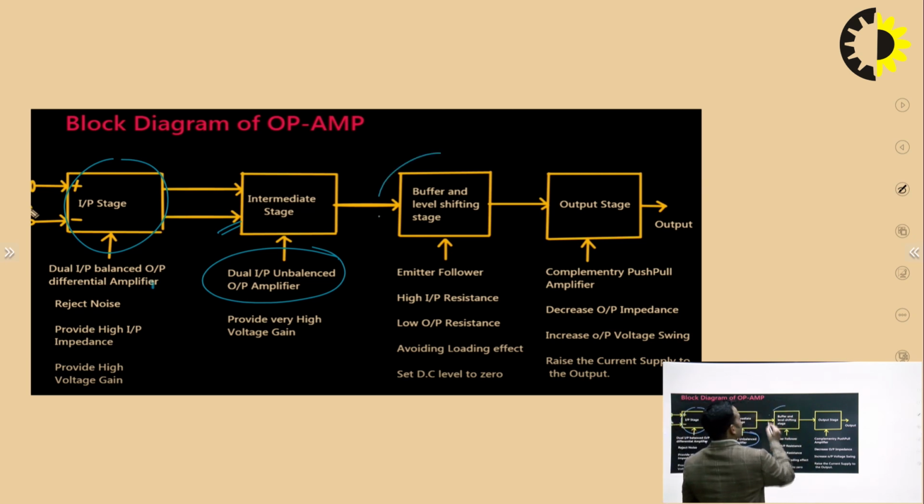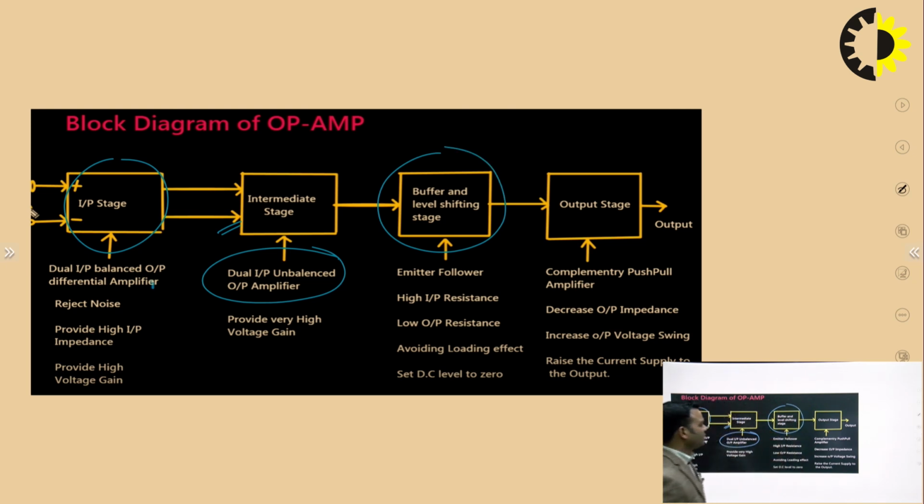And the third stage is the buffer stage, also known as the level shifting stage. It generally uses an emitter follower. It provides high input resistance, low output resistance, avoids loading effect and sets the DC level to 0. And finally is the output stage. It generally uses a complementary push-pull amplifier.